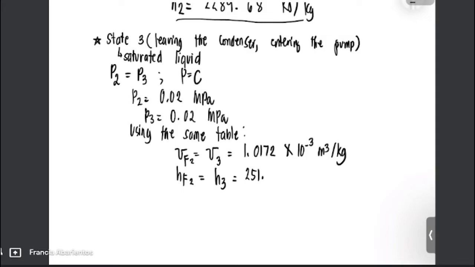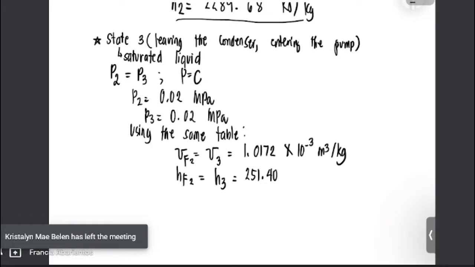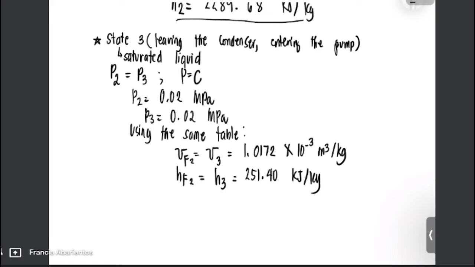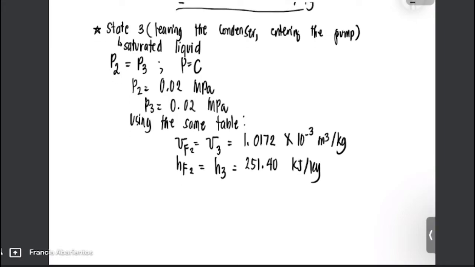HF2, 251.4. Okay, so we have the properties at state 3.